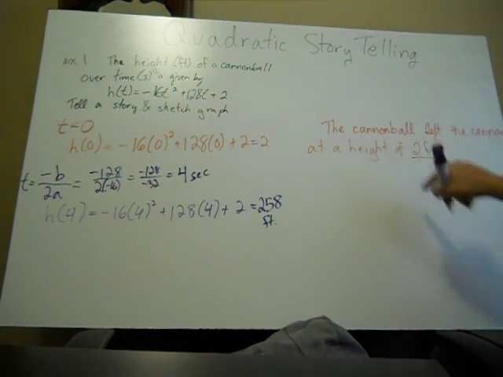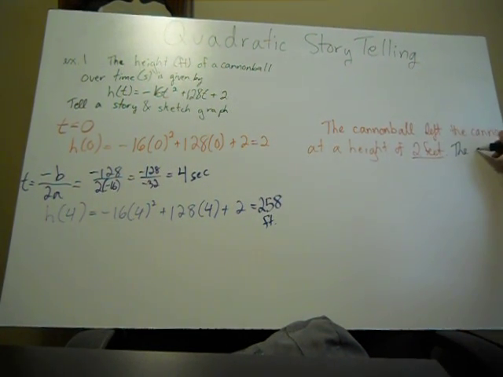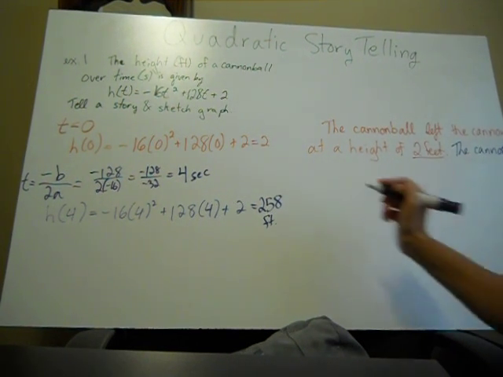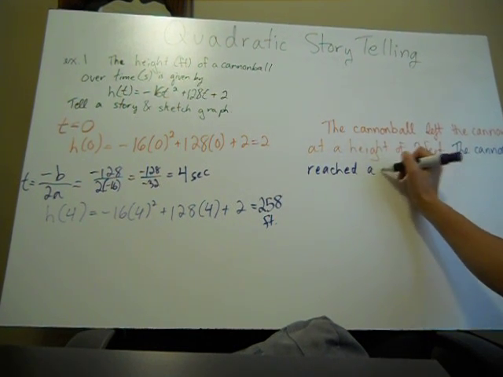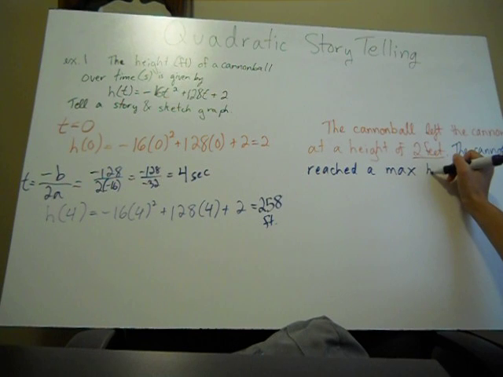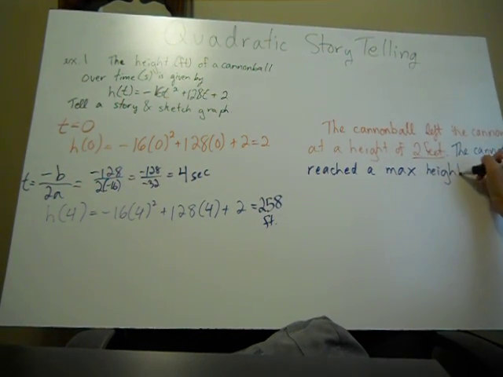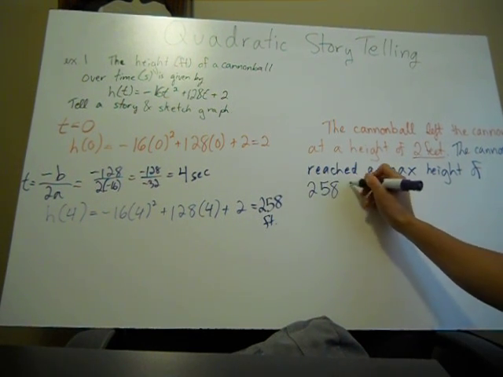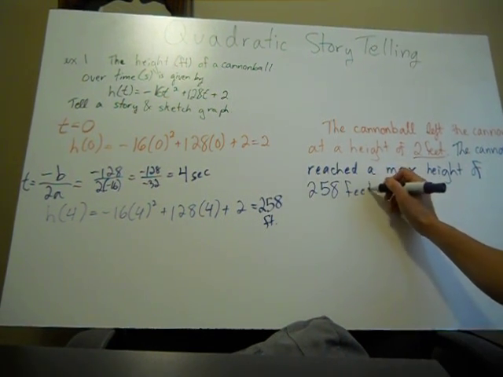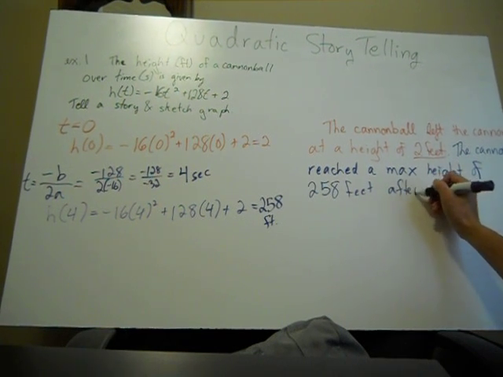So, to continue on with our story over here, the cannonball reached a max height of 258 feet after 4 seconds.